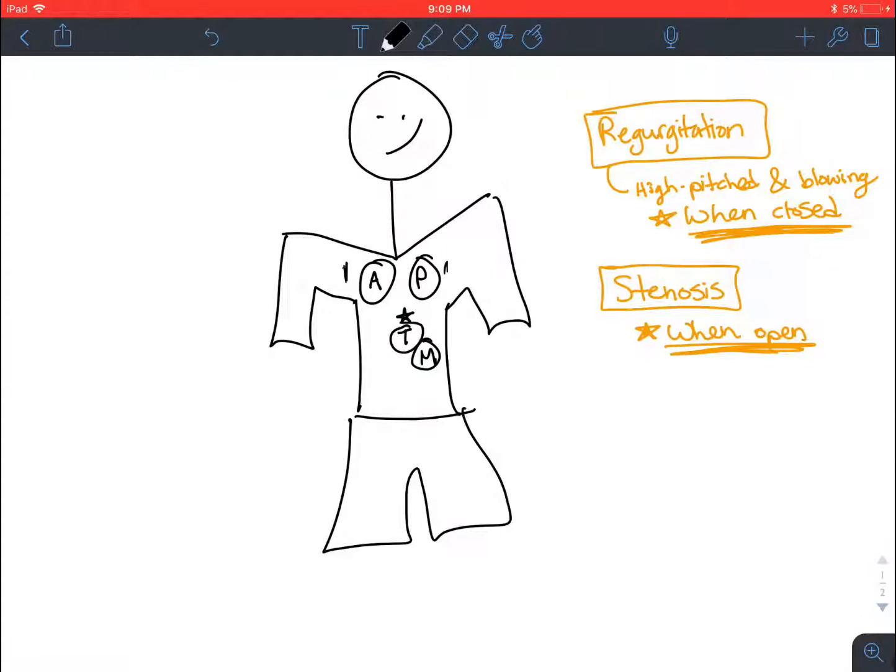Another rule of thumb is regurgitation will be high-pitched sounding and a blowing sound. So high-pitched and blowing, regurg happens when the valves are supposed to be closed. So if you think about it, regurgitating food happens when you eat something, it goes down to your stomach, something wrong happens, and you regurgitate it back up past the lower esophageal sphincter, past your whole throat situation, and out of you.